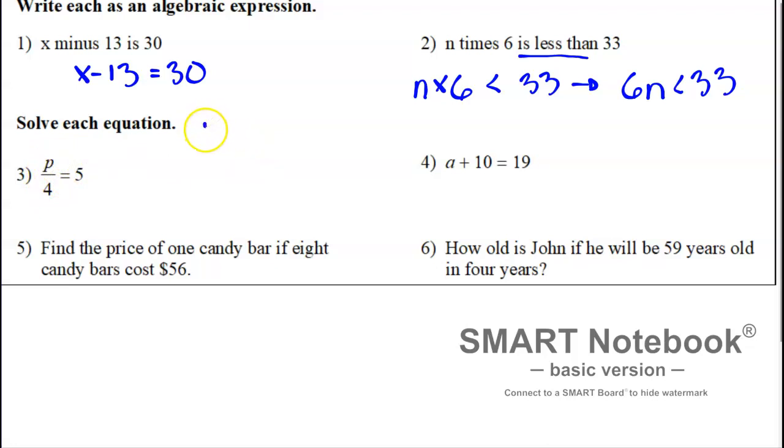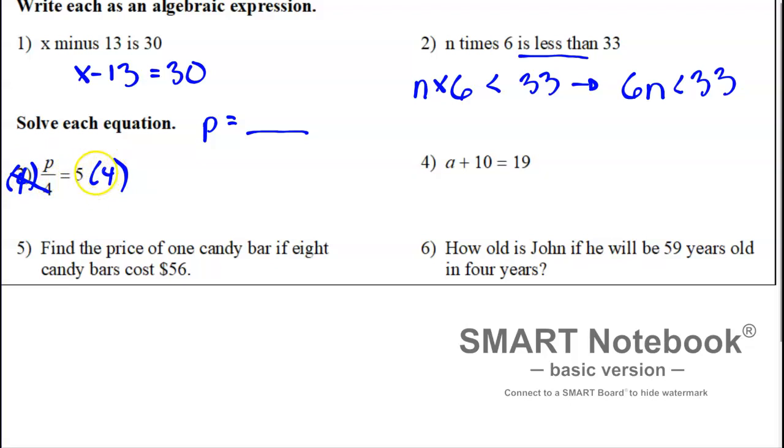This is what you want. You want p equals something, okay? So the thing that's bothering us is this divide by 4. So what I'm going to do is multiply by 4 here and by 4 here, because now p, I'm multiplying by 4 and dividing by 4, so that cancels.